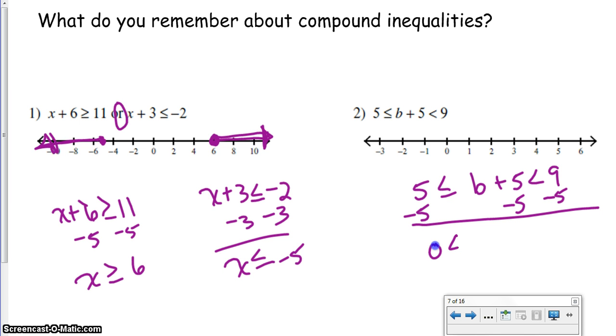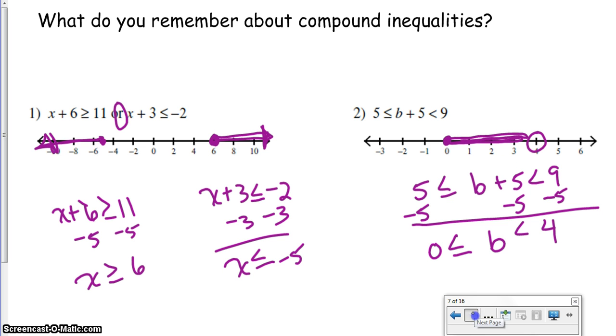This would be 0 is less than or equal to b, less than 4. The way that we correctly read that is b is a quantity that is greater than or equal to 0, but less than 4. There's the 4. And all of the quantities within these two points, inclusively with 0 and non-inclusively with 4, are the correct answers.